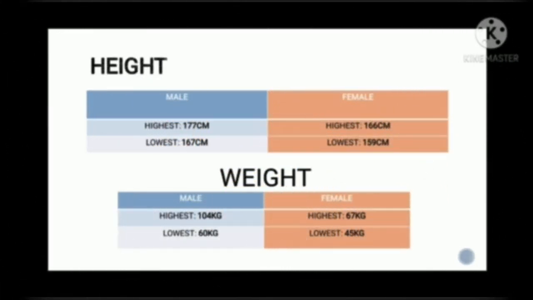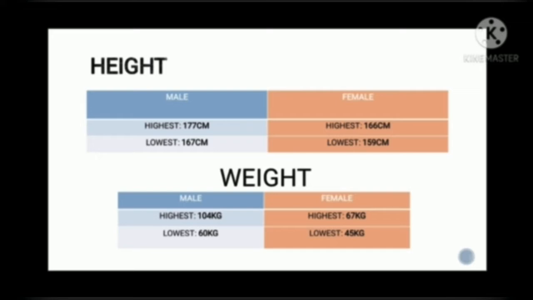In terms of height, for males, the highest recorded is about 177 cm, meanwhile the lowest for males is about 167 centimeters. For females, the highest recorded is 166 cm, meanwhile the lowest is about 159 centimeters.